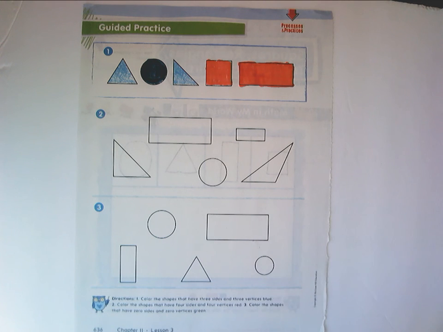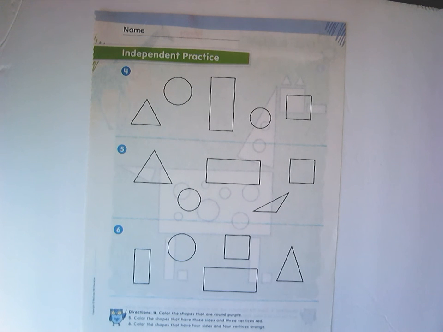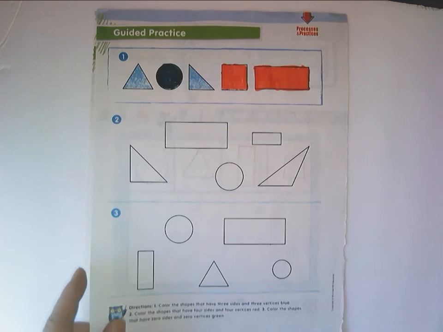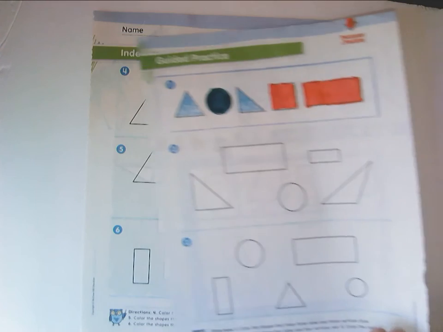And when you finish that, then you have some more practice with coloring. All right? And this one, I want you to do the same colors that you used on the other page, okay?